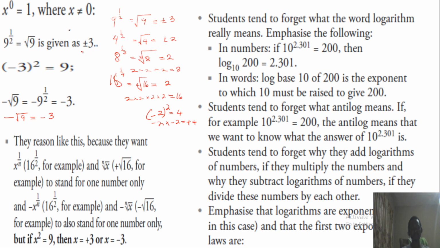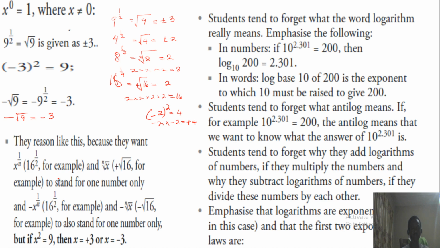You need to know the reason why this is so. They want this as root, meaning s raised to power 1 over n, for example 16 raised to power 1 over 2, to stand for one number only.